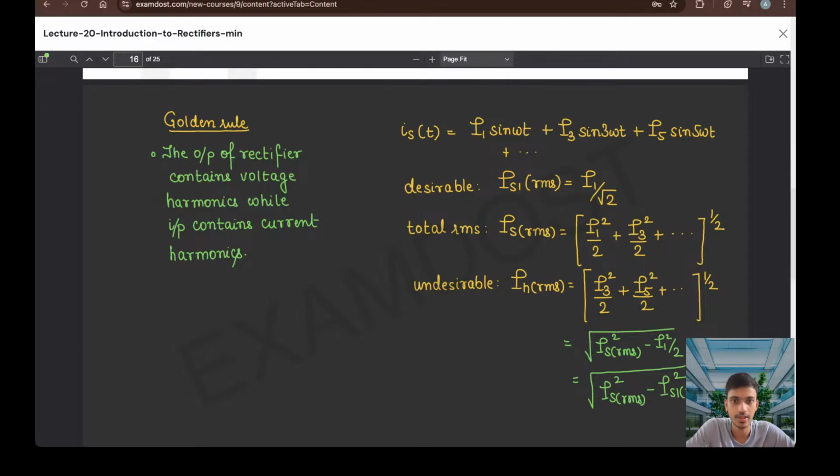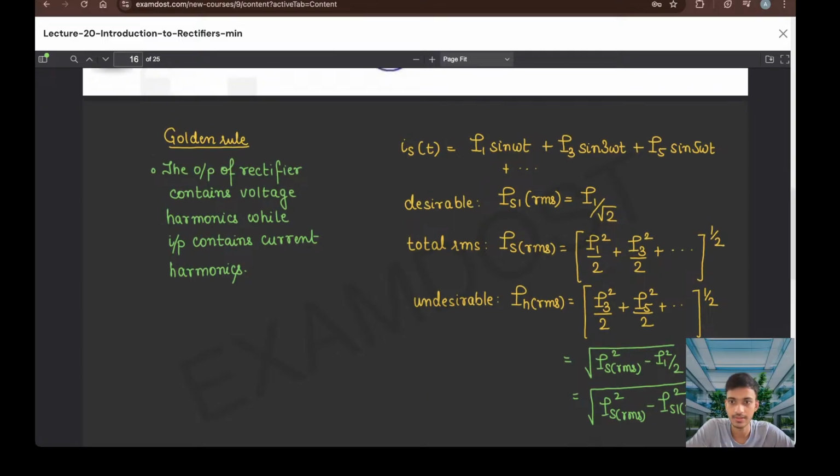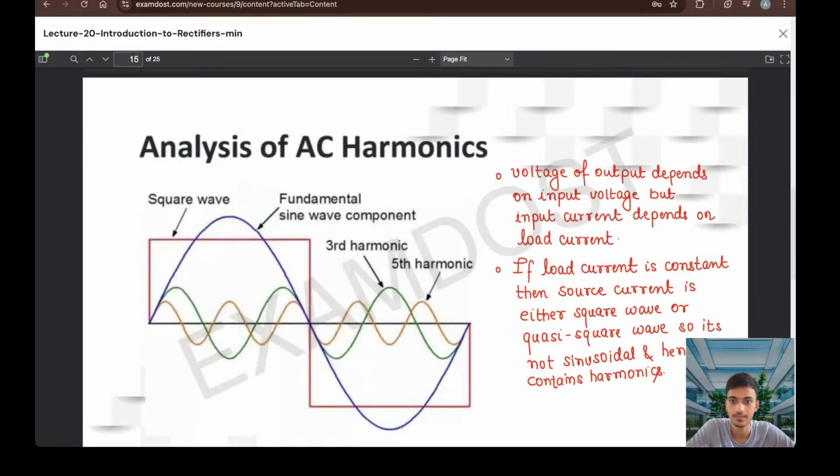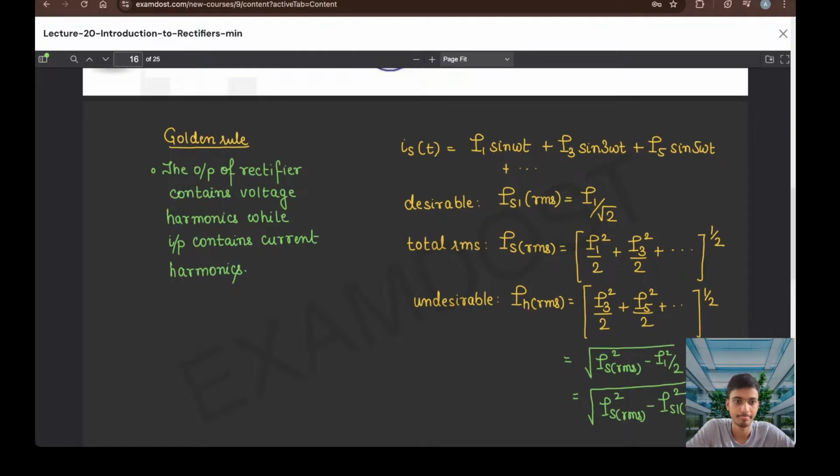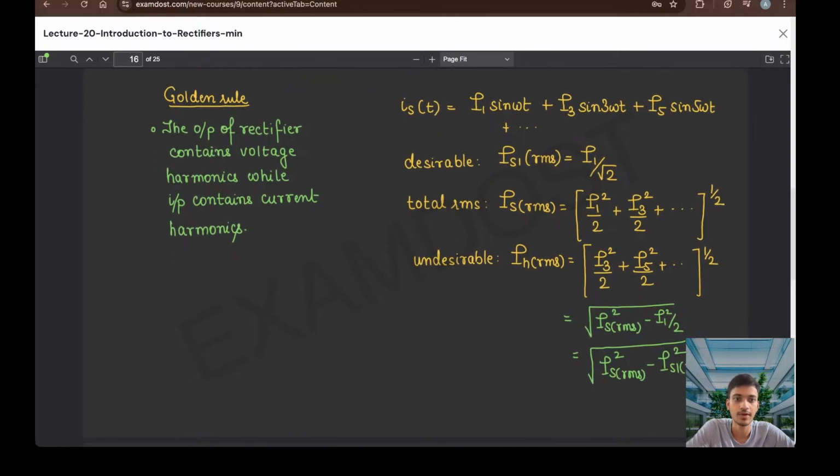So the input current would contain harmonic content like this. This is the fundamental, the desirable part, and this is the total RMS.